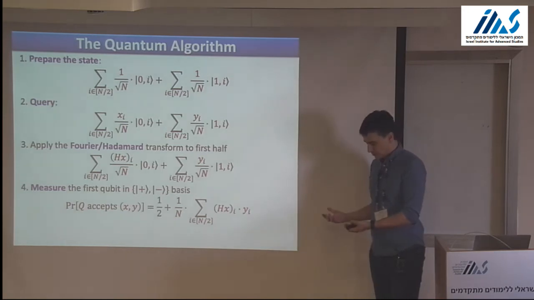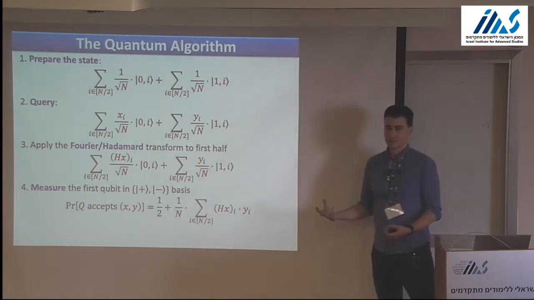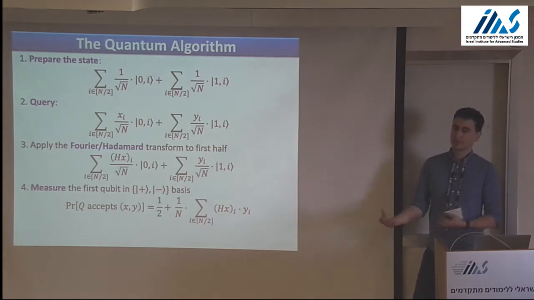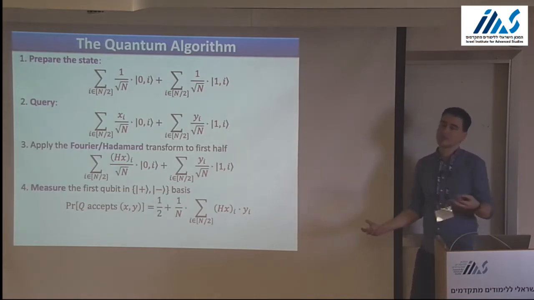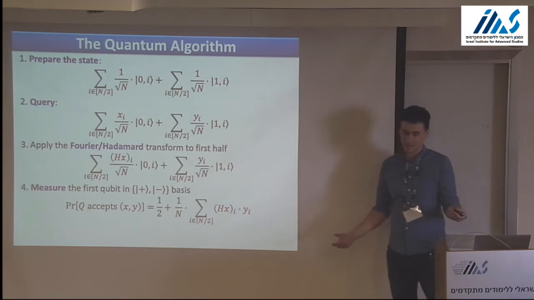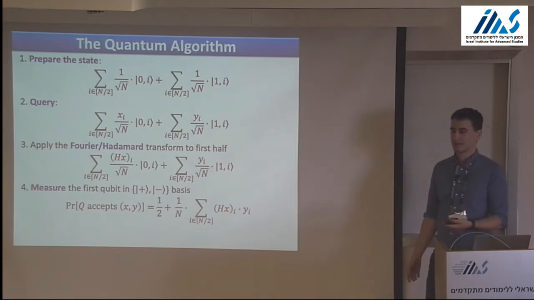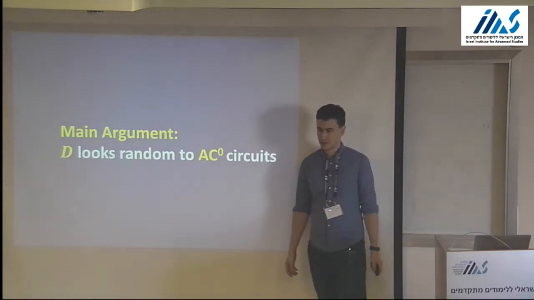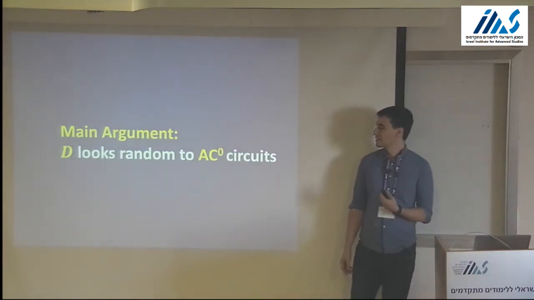So this tries to exploit the fact that Hadamards are easy for quantum and hard for classical. So we need to show that this is hard for a classical device, and this is our main argument. This is where most of the hard work goes. So why is this hard for a classical device?